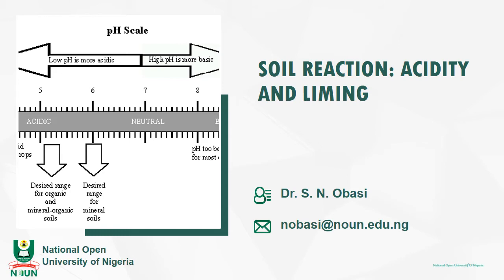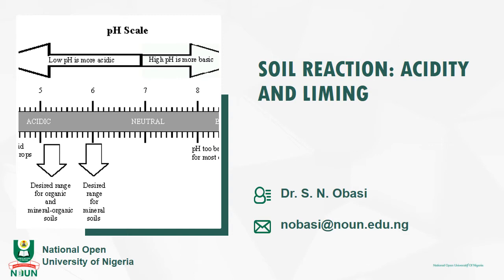We can see a little bit of a complex diagram on this very first page. It is actually a pH scale, and the pH scale has numbers on it, 0 to 14, while we have 7 as the neutral point. Anything below 7 is acidic, and anything above 7 is alkaline.